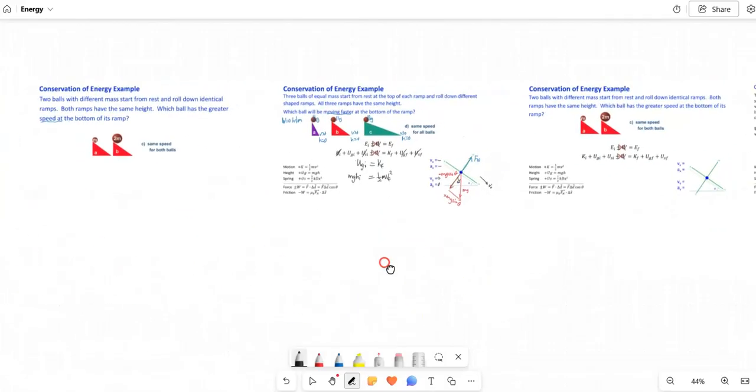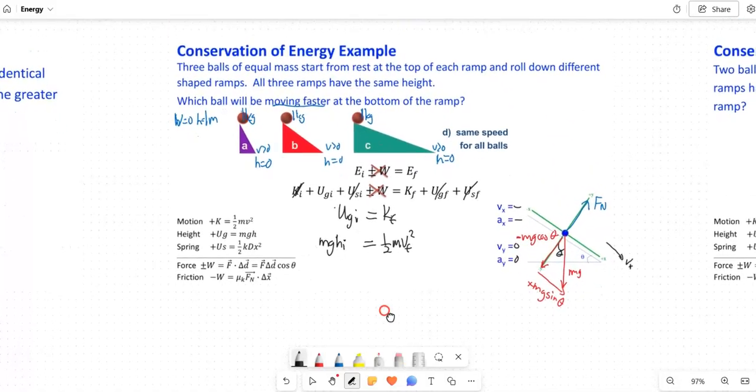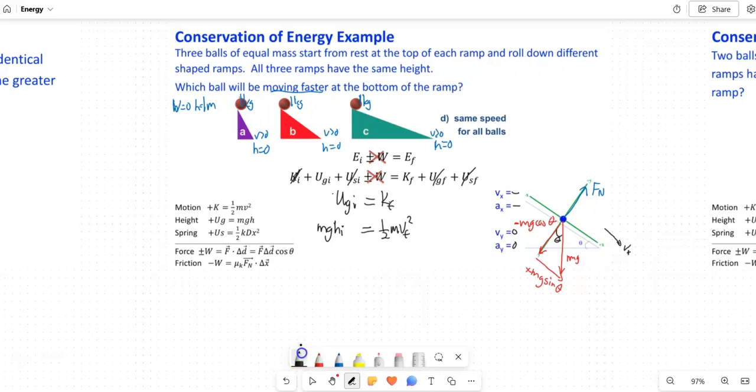And when we go through the math of this, it's going to work out to be the same speed as if we just dropped it. So again, this is going to be 1 kilogram times 9.8 meters per second squared times a height of 1 meter. That's going to be equal to 1/2 times 1 kilogram times the velocity final squared, which is what we're solving for. This is going to be 9.8 joules.